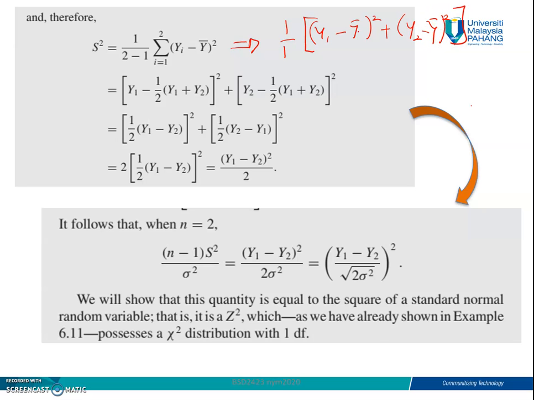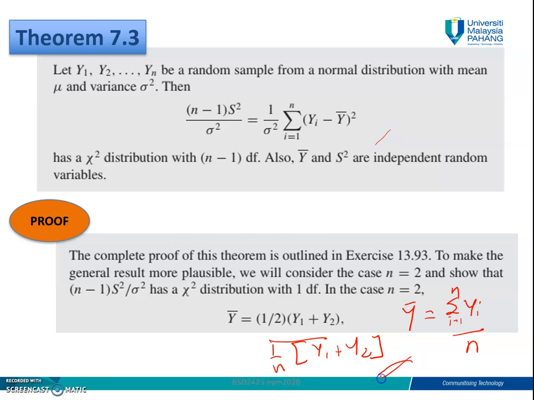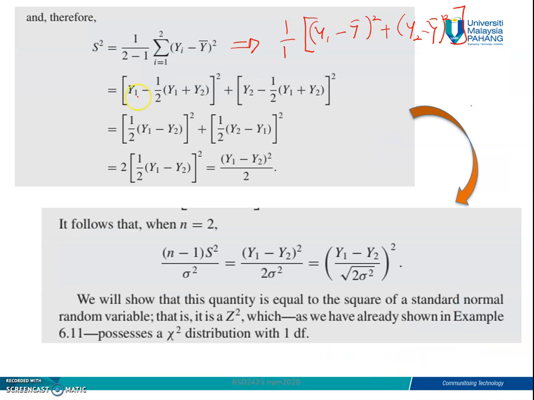But what is your Y bar? From previous, Y bar is 1 over 2 times (Y1 plus Y2). So Y1 minus Y bar is Y1 minus half of (Y1 plus Y2), squared, plus Y2 minus half of (Y1 plus Y2), squared. You replace the Y bar here.